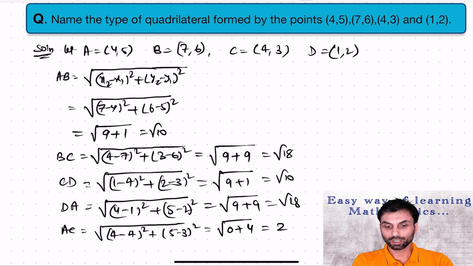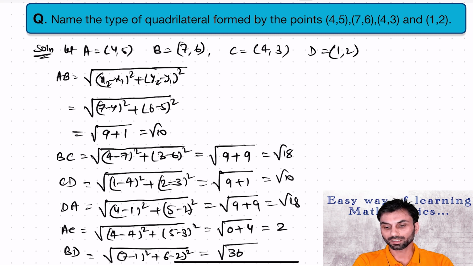Next, the length of BD will be square root of (7 minus 1) whole square plus (6 minus 2) whole square. On solving, we'll get 6 square is 36 and 4 square is 16, which is root 52.